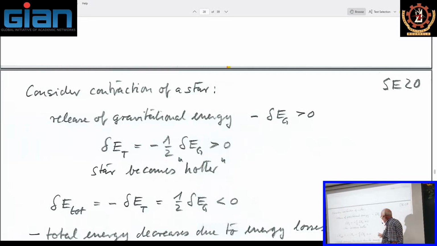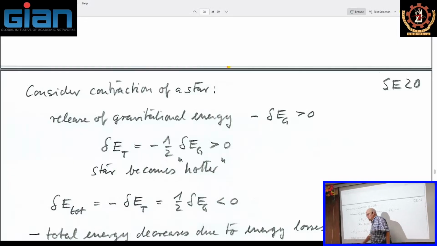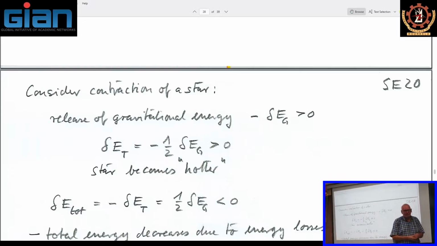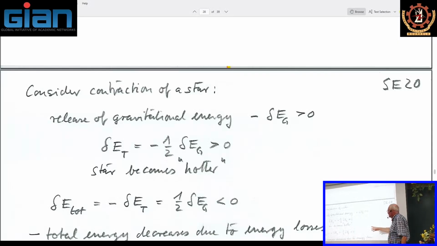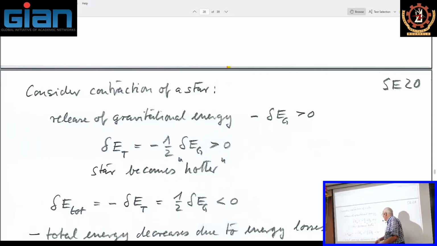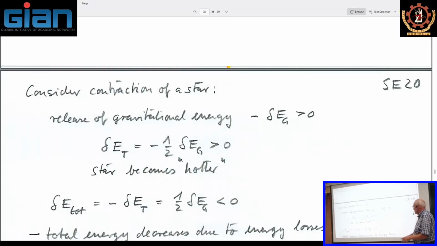At the same time, the change of total energy is minus the change of the thermal energy. That is equal, according to the virial theorem, to 1/2 times the gravitational energy. This is then negative.